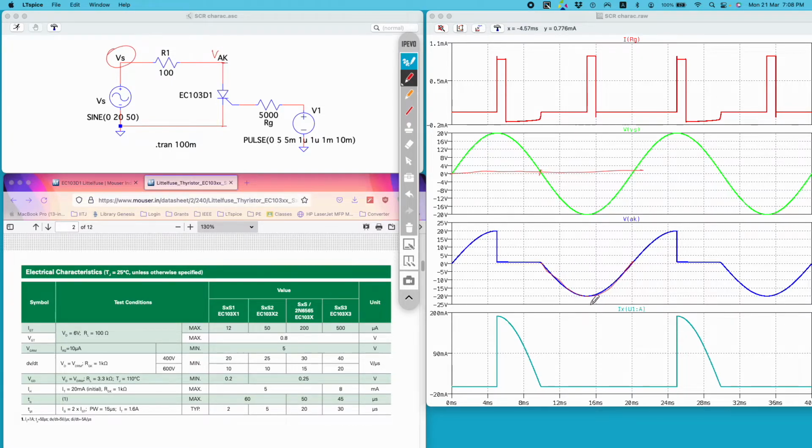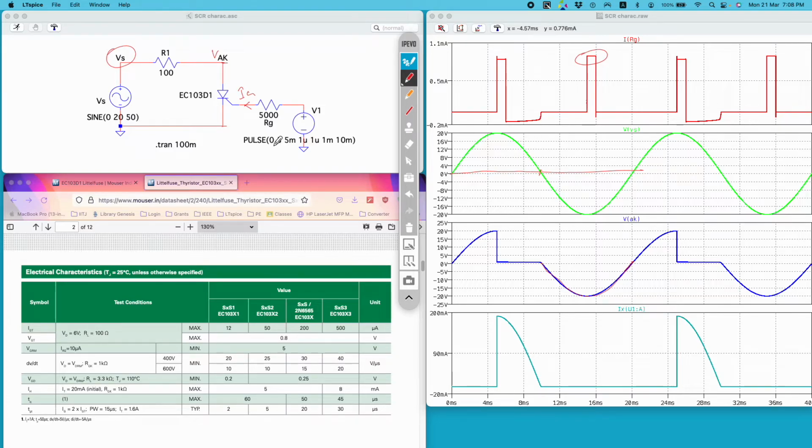In this negative half cycle I am also injecting the gate current, but this is just to illustrate that once the thyristor is reverse biased, no matter whether you inject gate current or not, it will remain off. So if a thyristor is reverse biased, the gate current has no effect on its turn on and turn off process.